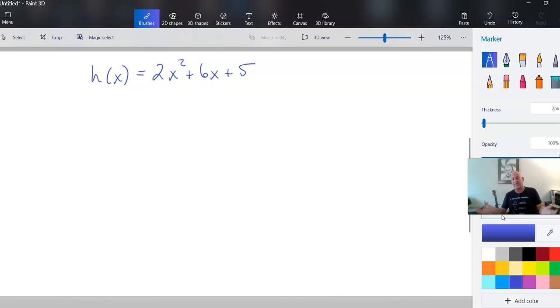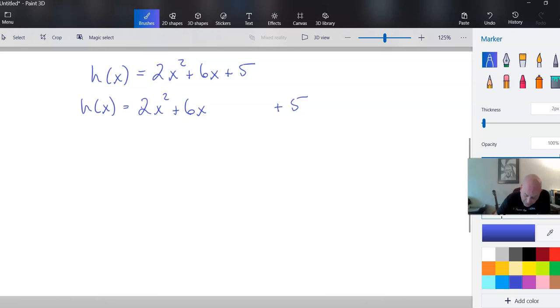We need to separate out that 5, right? So now this one's going to get a little more complicated. So we have 2x² + 6x, and then I'm going to put the +5 out here. I'm going to give myself lots of room. Remember this is all h of x equals. I'm probably going to neglect to write the h of x in the steps.